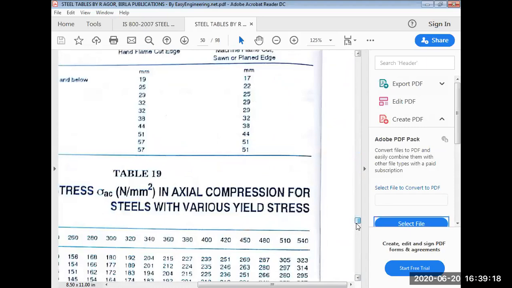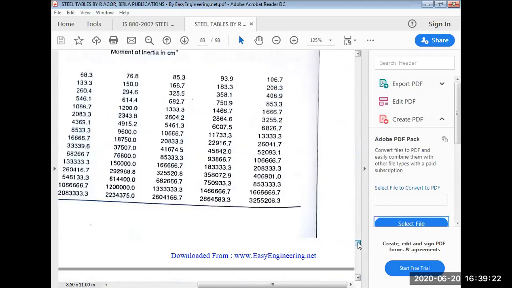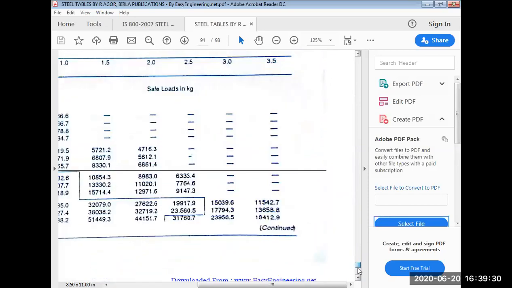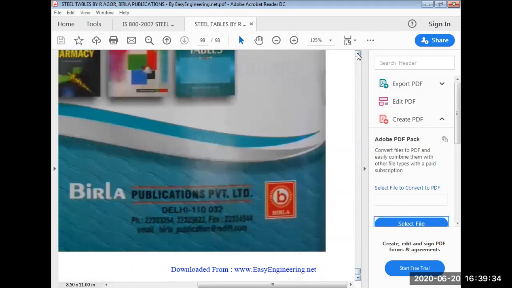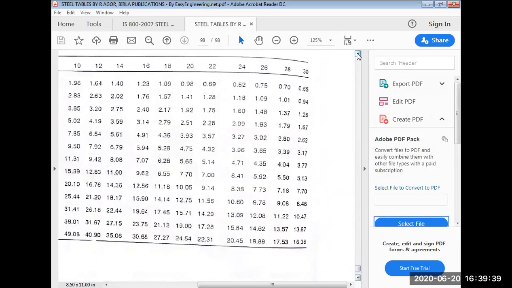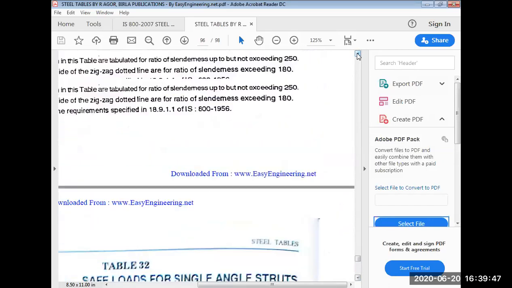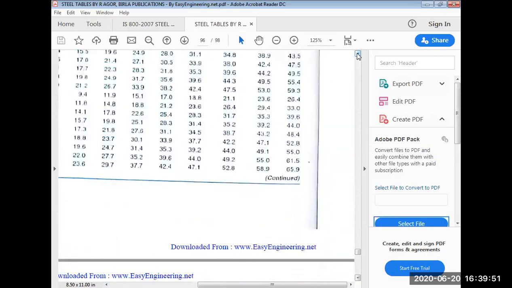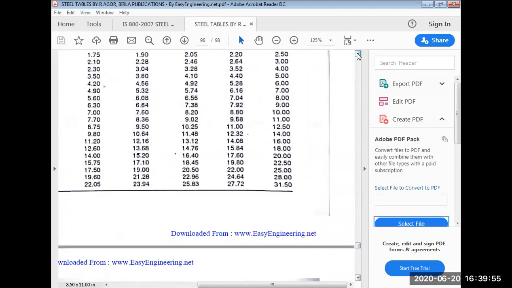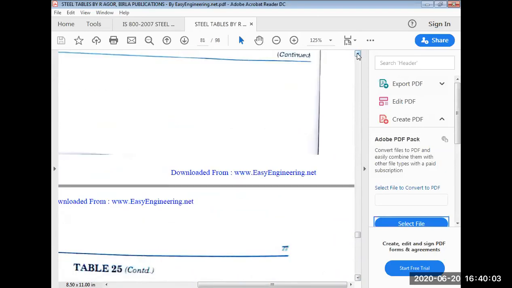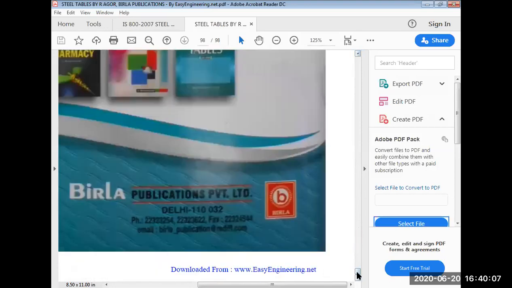Wind velocity in meter per second. I think this is not showing here.